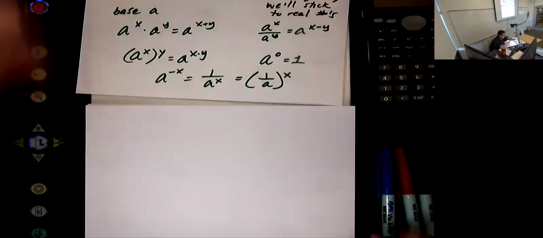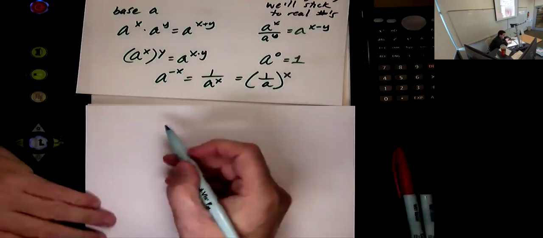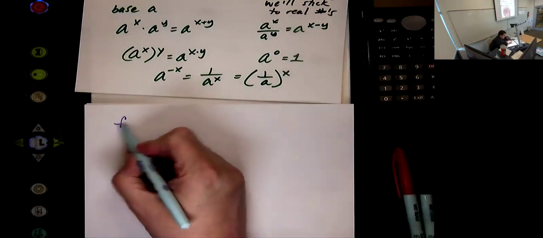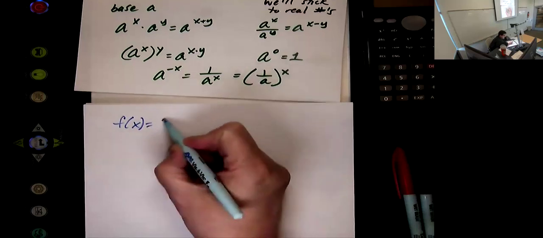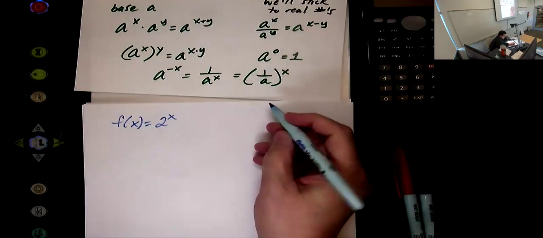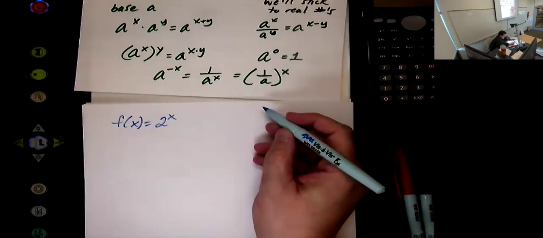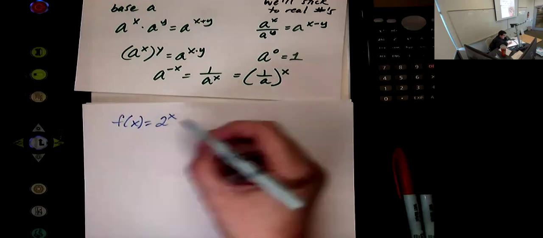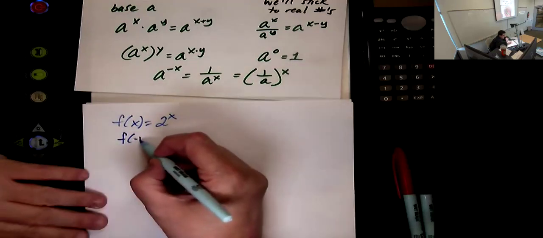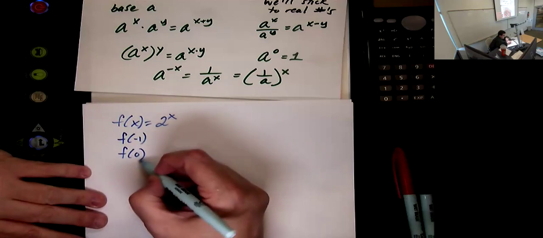Some stuff we can do without a calculator. We can do some simple evaluations. Like if f of x is 2 to the x, and I want to find f of negative 1, f of 0, and f of 1.